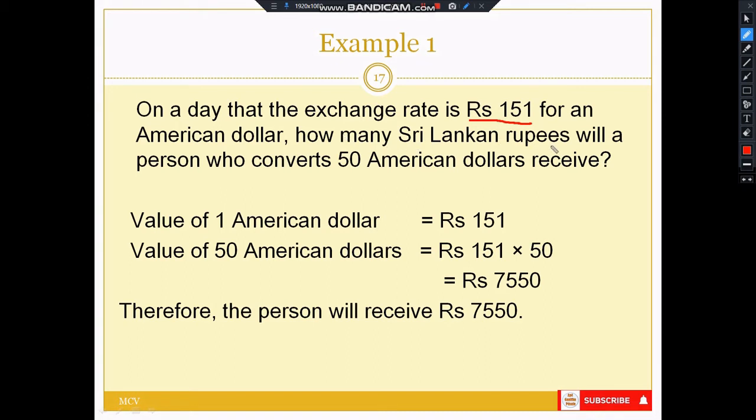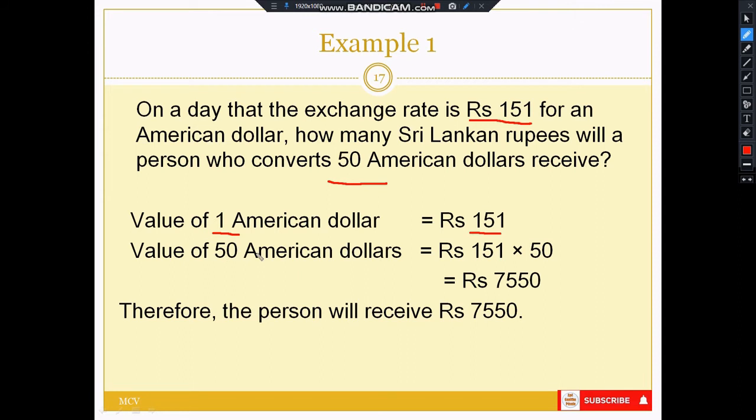How many Sri Lankan rupees will a person who converts $50 receive? Now you know $1 is 151. You can use the unitary method here. The value of 1 is 151. When we know the value of 1, we can find any value.